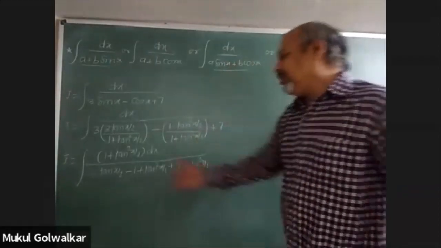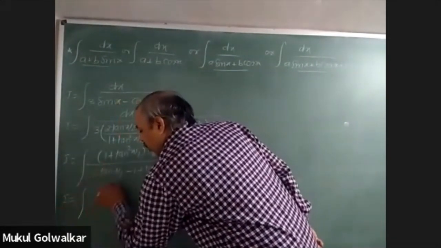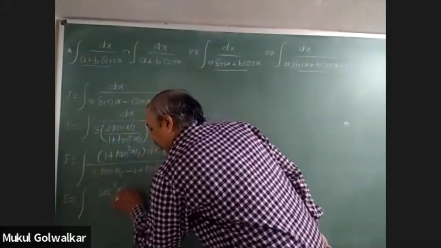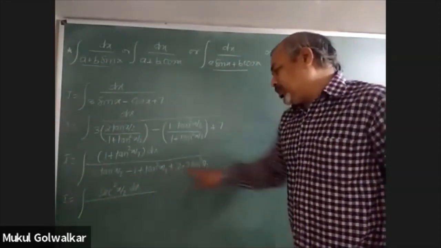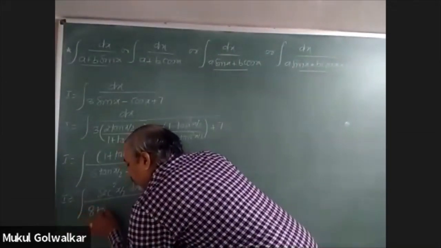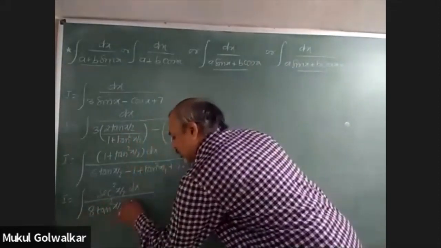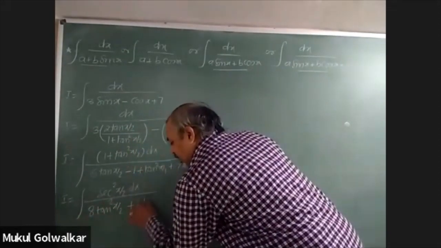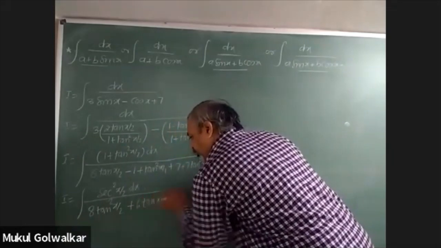Okay, and now we will go for further simplification. We can write that in the form of sec square x by 2 dx in the numerator divided by, for simplification, 7 plus 1, it will make 8 tan square x by 2. So this is 8 tan square x by 2 plus 6 tan x by 2 plus 6.